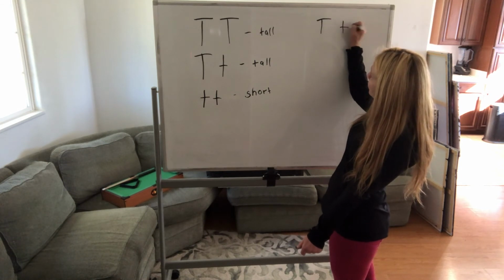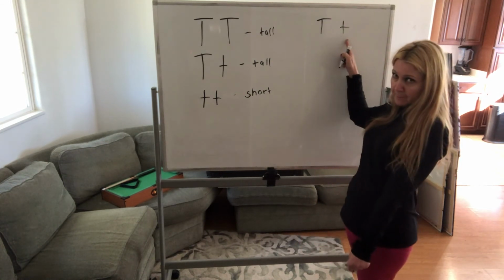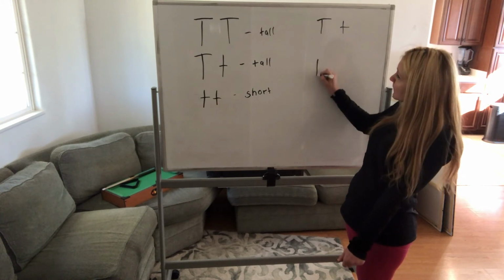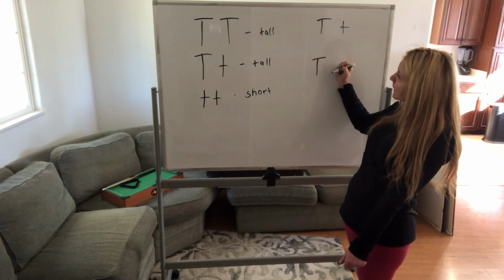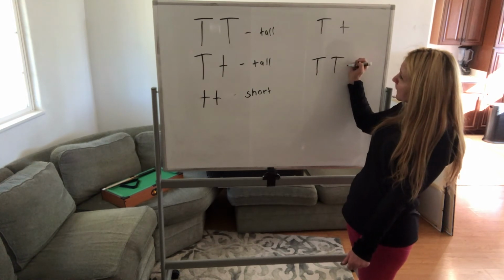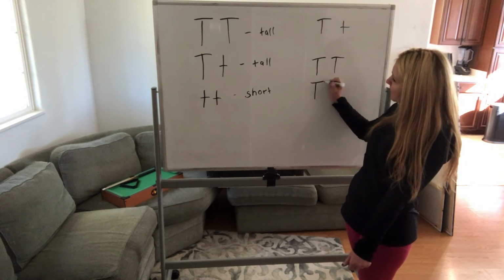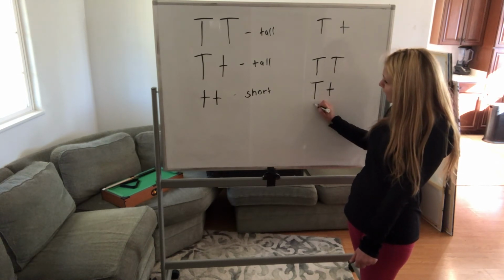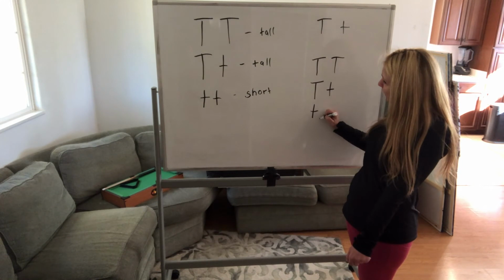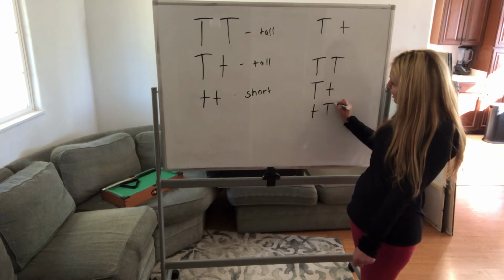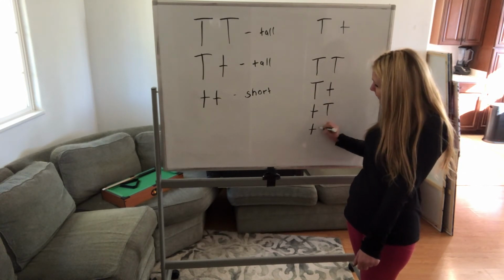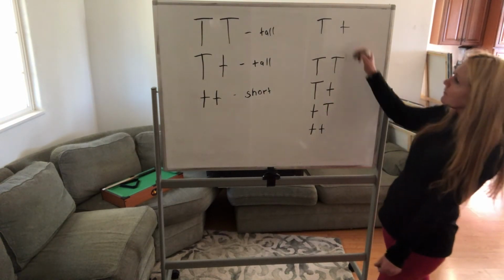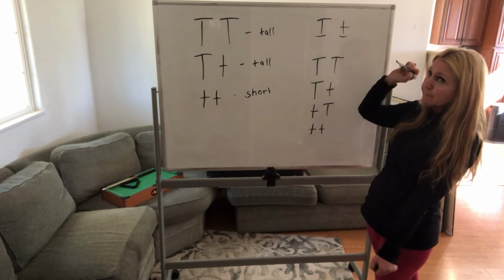And here are our two genes. One's going to have to come from mother, one from father. We could get a big T from mother and a big T from father. Or a big T from mother, a little t from father. Or a little t from mother and a big T from father. Or a little t from mother and a little t from father.